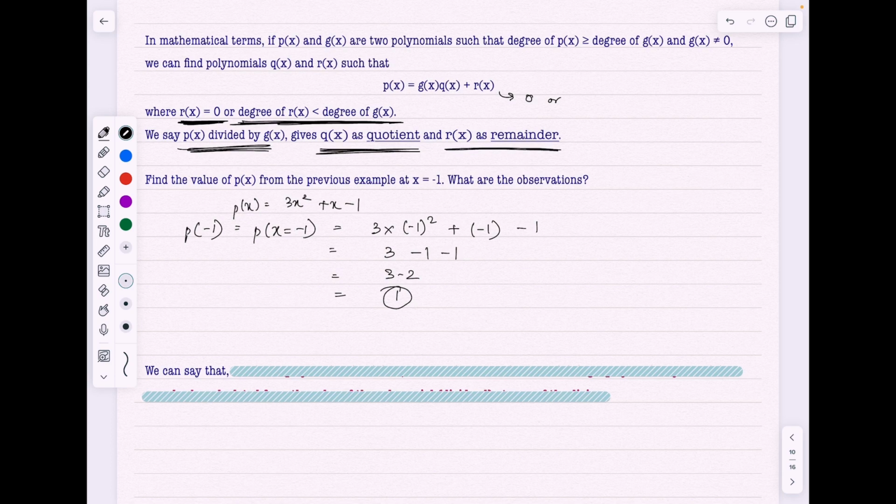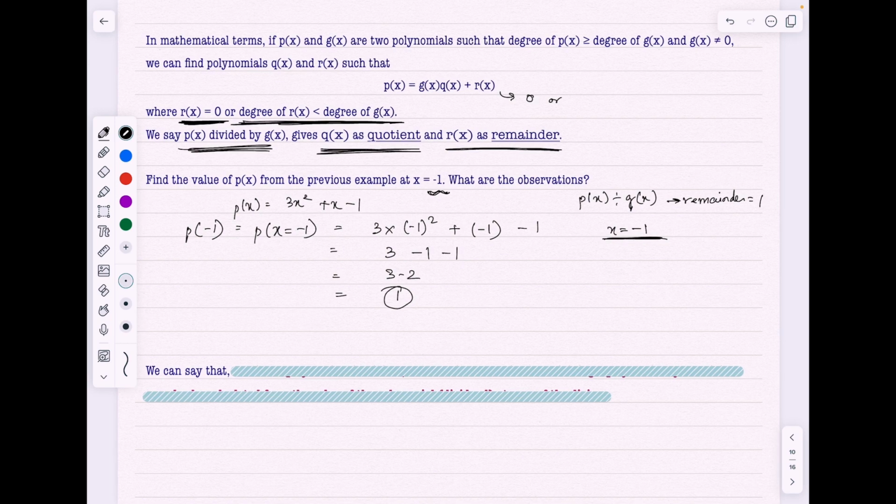When I divided p(x), that is 3x square plus x minus 1, by g(x), the remainder is also 1. What is this 1 actually? x equals minus 1 means what? In the last class I told you, x equals minus 1 can be written as x plus 1 equals 0.